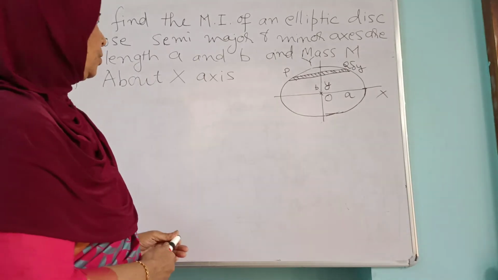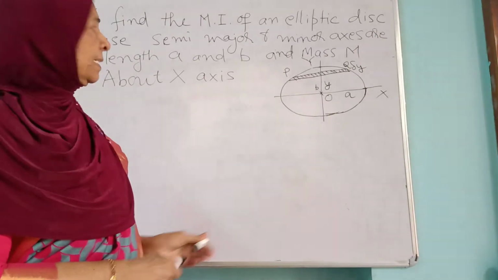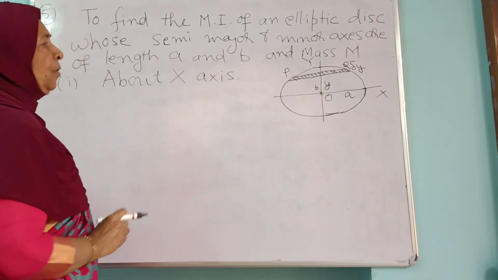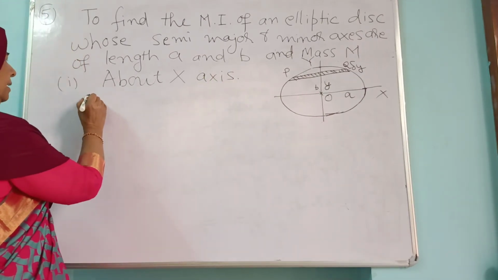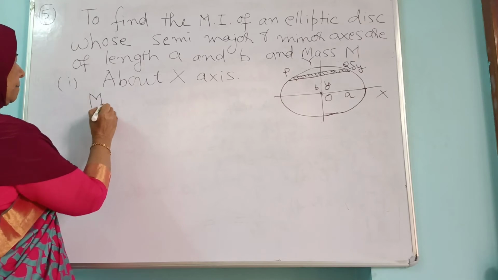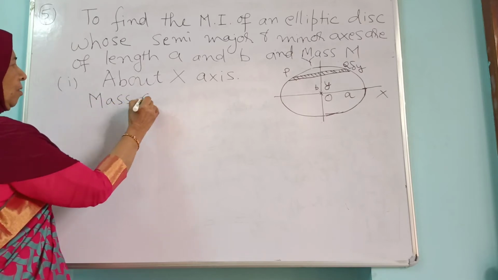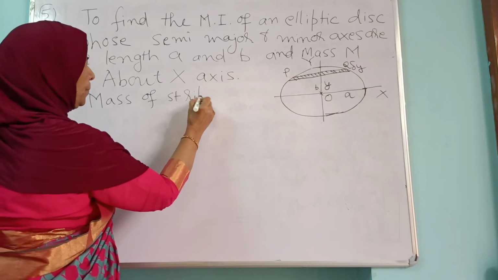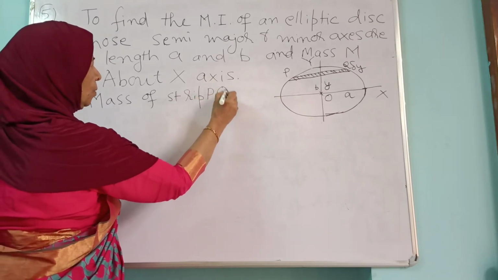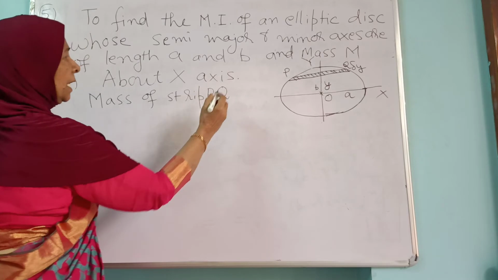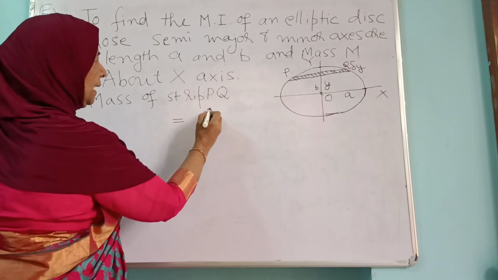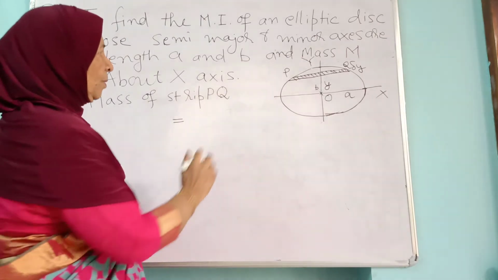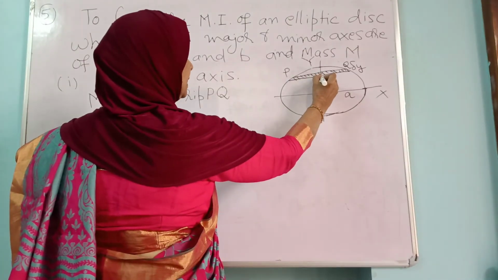So the procedure again is simple. To find the moment of inertia, first of all, we will consider the mass of the strip PQ. What will it be? It will be length into breadth and density.